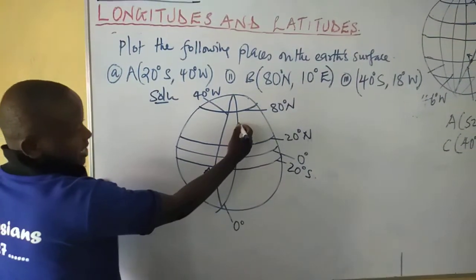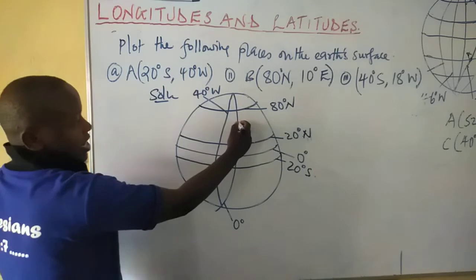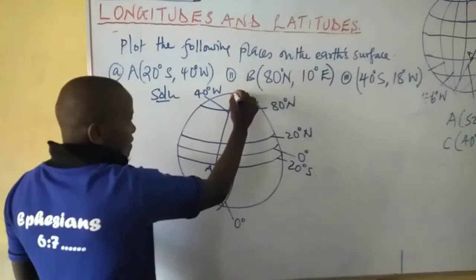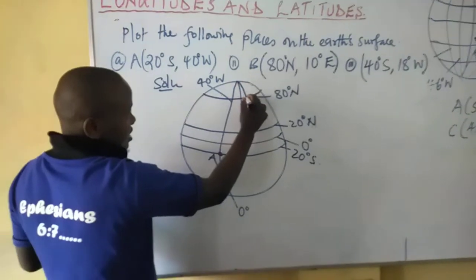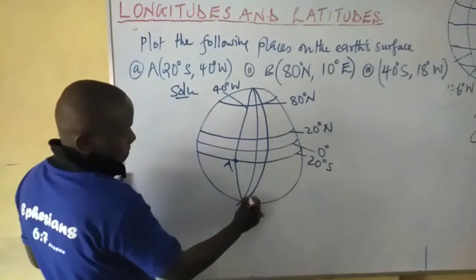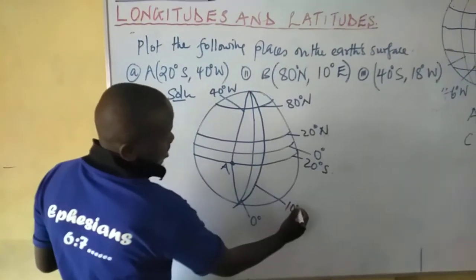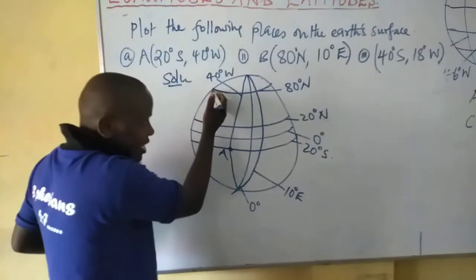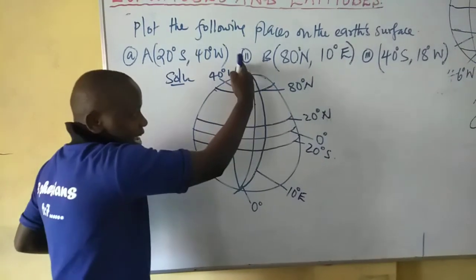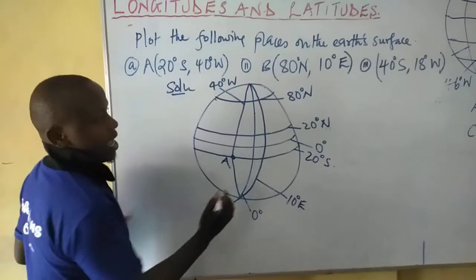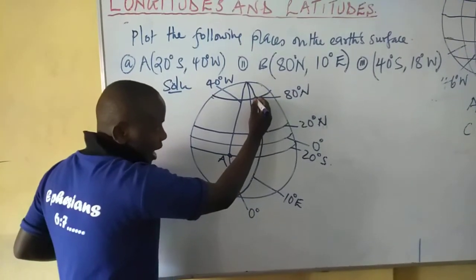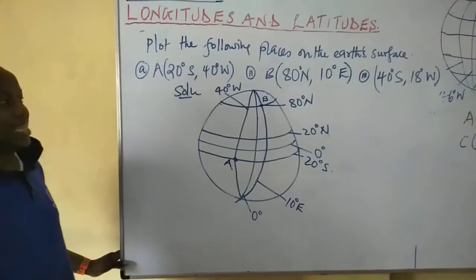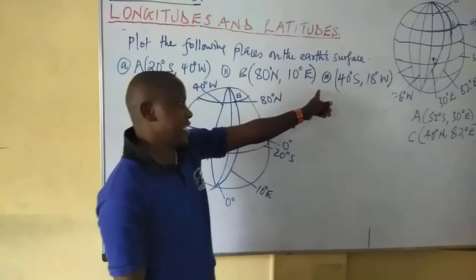Therefore if this is 0 degrees, the prime meridian, then east is the right hand side, and therefore you get 10 degrees in the east. So where 80 degrees north and 10 degrees in the east have intersected, there we give our town B like that.